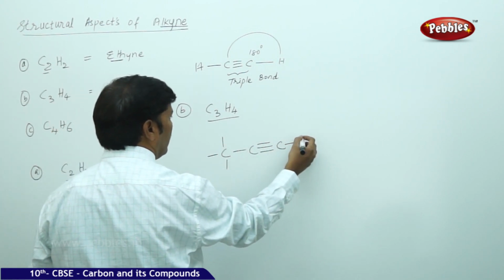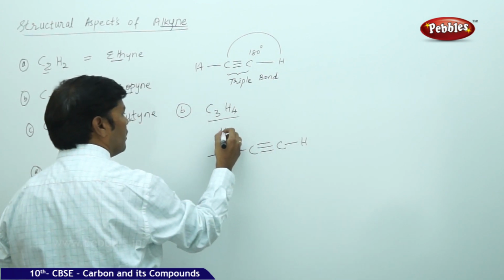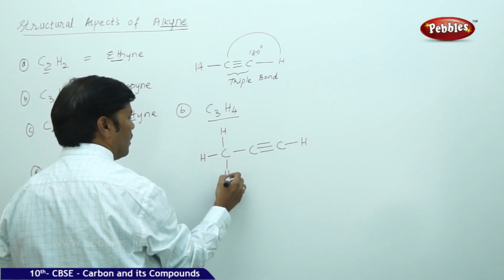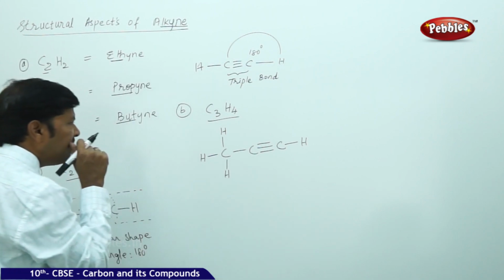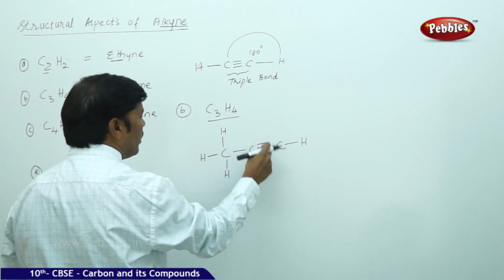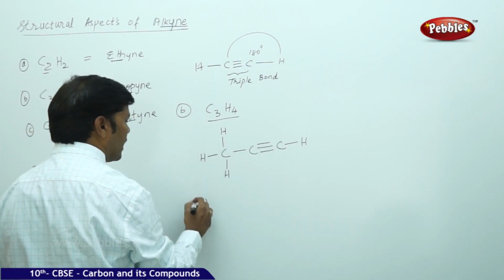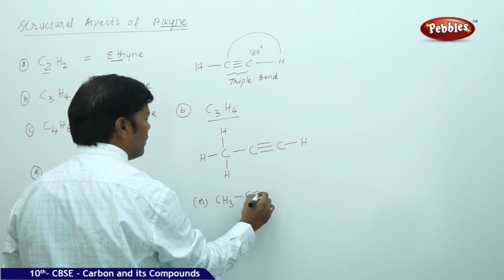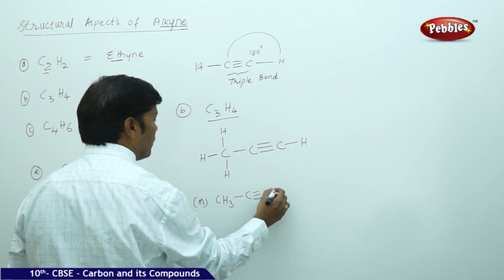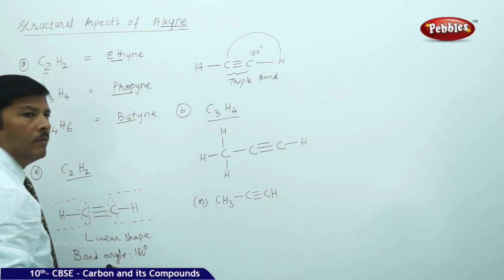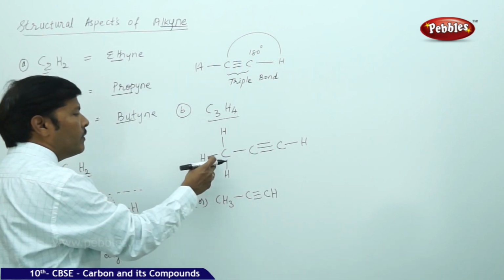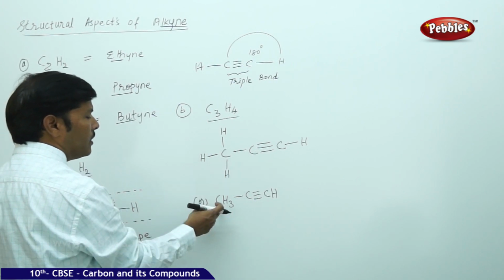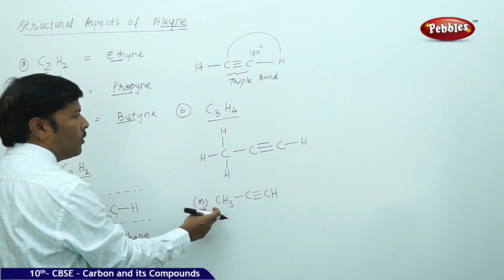Here also triple bond, then single bond hydrogen and hydrogen. So again we have a triple bond between two carbons, or you can simply write this as CH3 single bond, carbon triple bond, single bond hydrogen. This is the expanded form of the structure of propyne, and this is the condensed form.